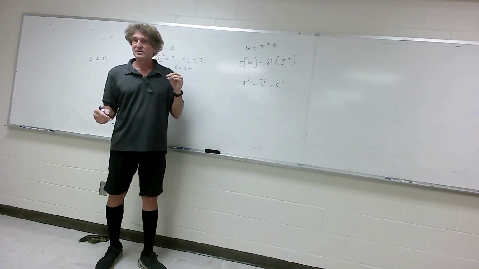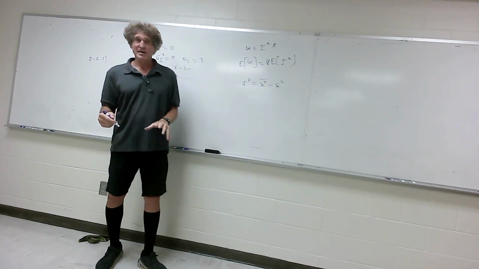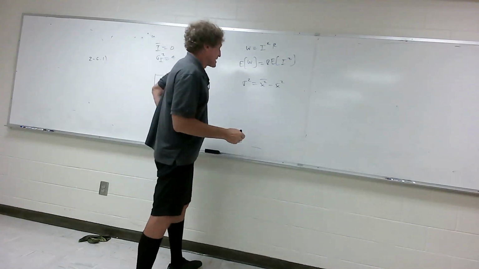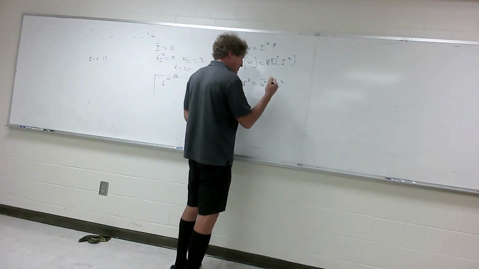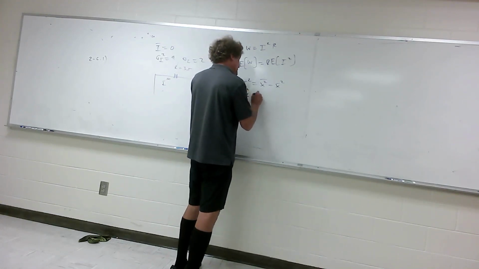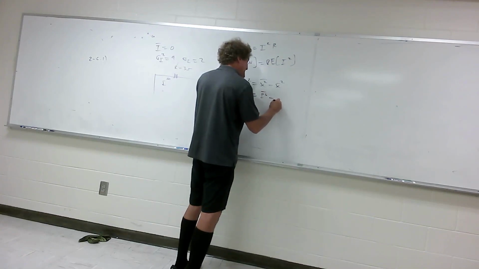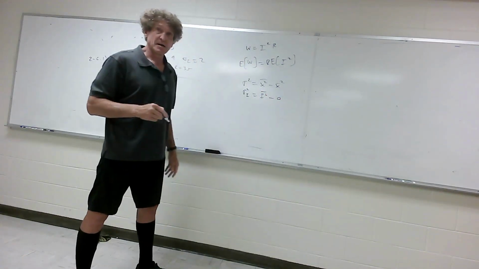I want to make sure I discuss this thoroughly because there are subtleties that can confuse people if you're not awake. Now I'll put it in terms of current. Sigma squared of I is equal to I squared bar minus I bar squared, which is 0, correct? That's what they say.